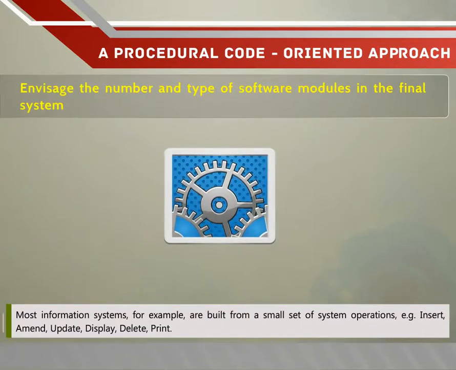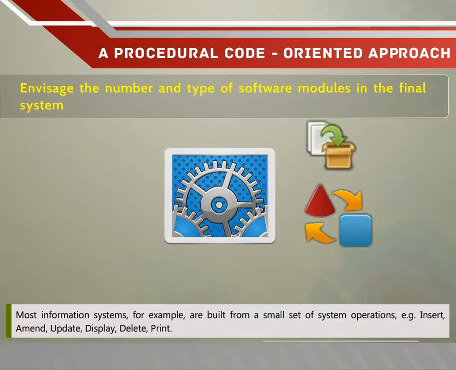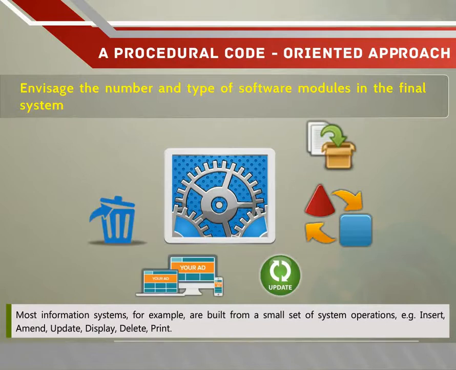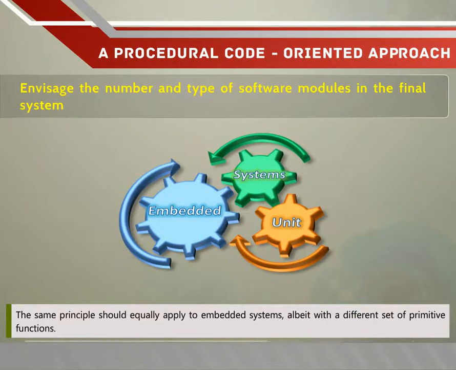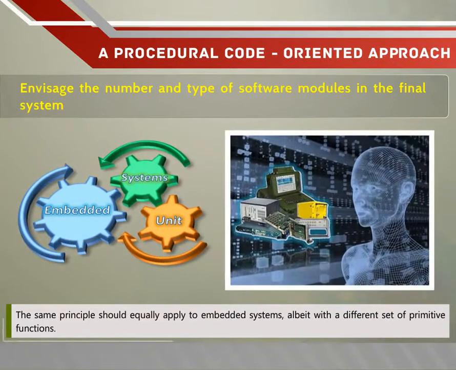Most information systems, for example, are built from a small set of system operations, for example, insert, amend, update, display, delete, print. The same principle should equally apply to embedded systems, albeit with a different set of primitive functions.